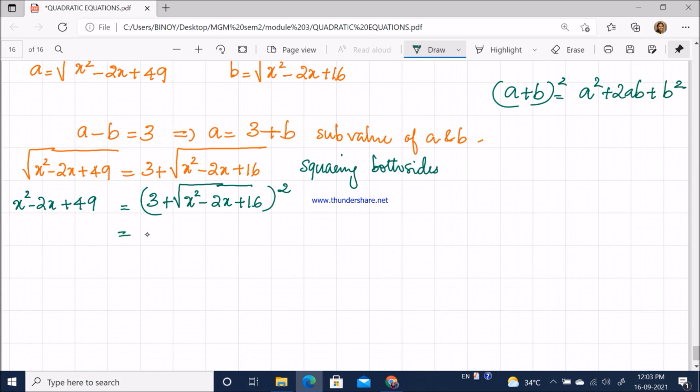So this is nothing but 9 plus 2 into 3, that is 6, root of x square minus 2x plus 16, then plus x square minus 2x plus 16.